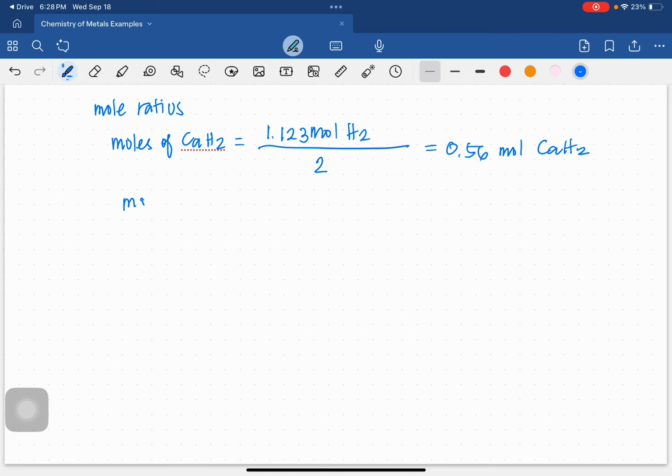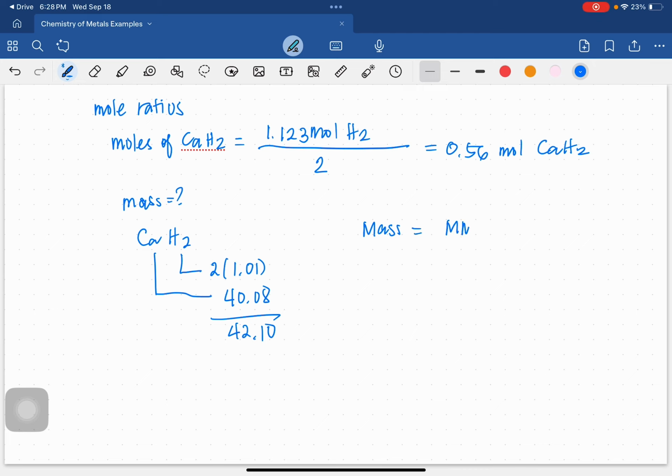Mass, now how do we get it? Of course, we get the molar mass of CaH2. This is 2 times 1.01, and then calcium is 40.08. So the total is 42.10 grams per mole. And we can already compute for mass.